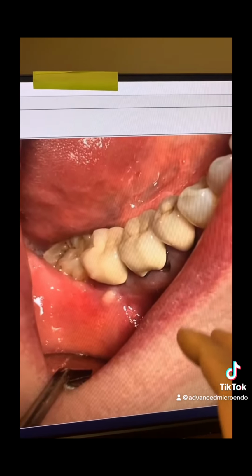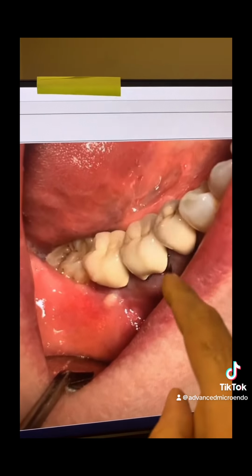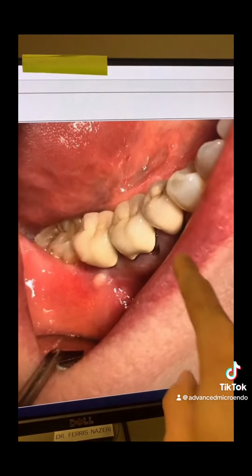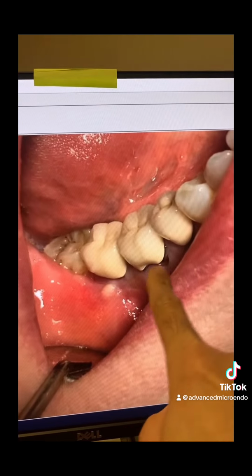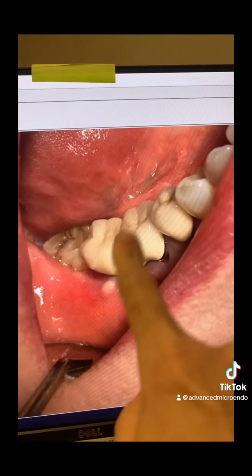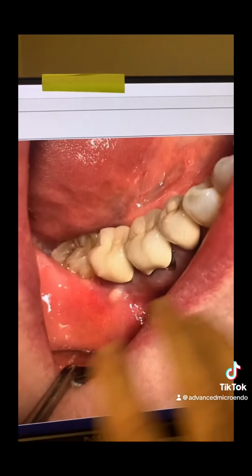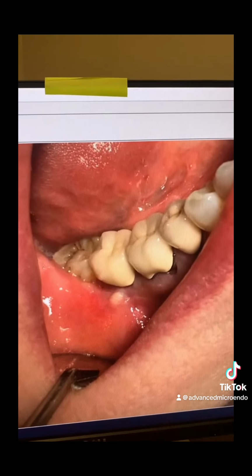So that means that you need to really be careful. You can't over-instrument coronally. You can't over-flare or over-taper these canals, mesiobuccal and distal buccal canals, on the coronal part of them too much. You can't flare coronally too much.